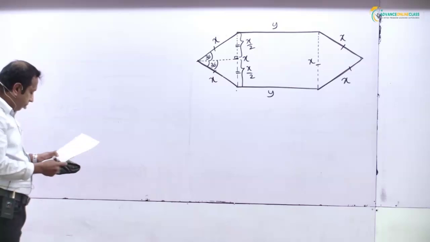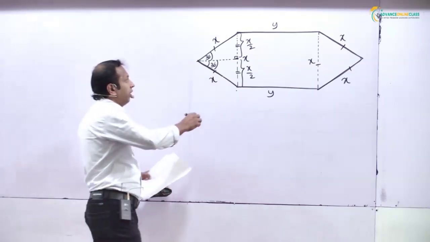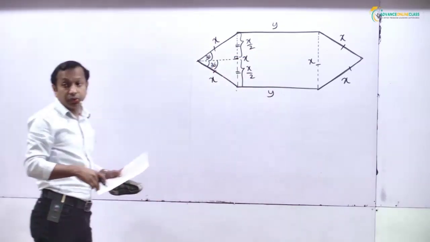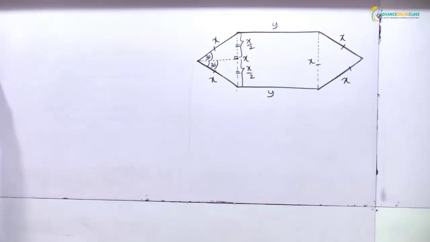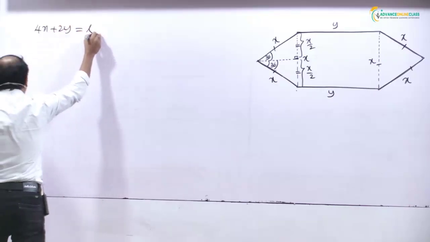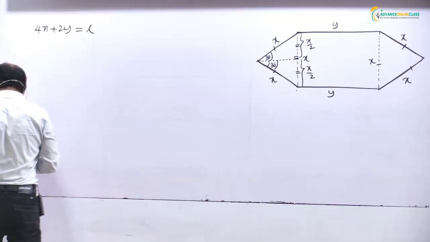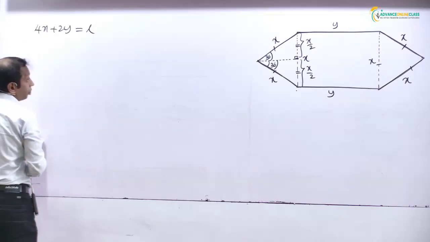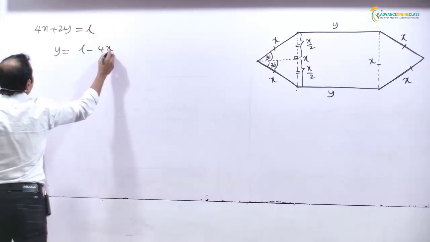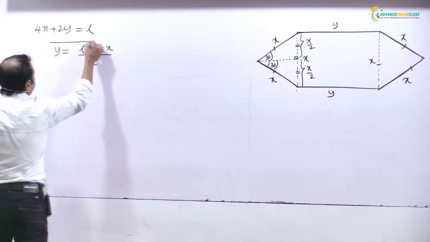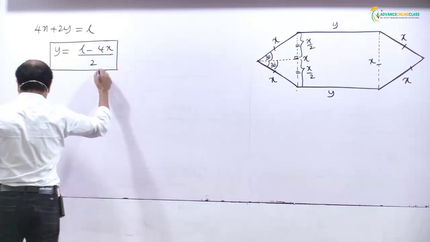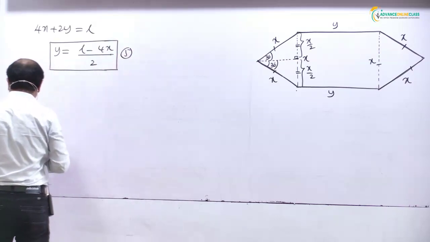So first we can write the perimeter: 4x plus 2y is the total length. L equals 4x plus 2y. Then we can make y the subject: y equals (L minus 4x) by 2. For these, 5 marks.